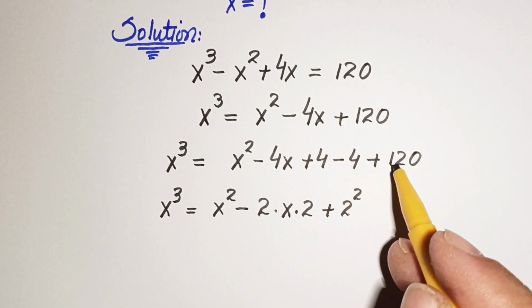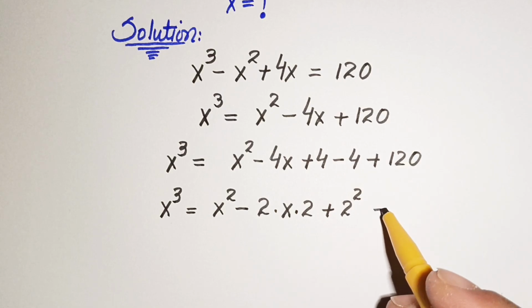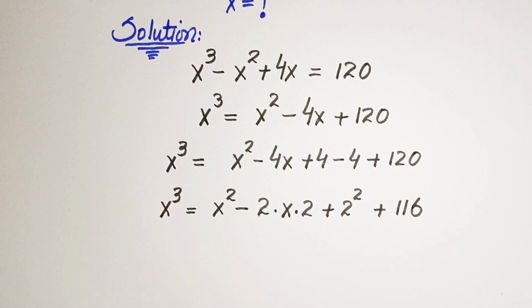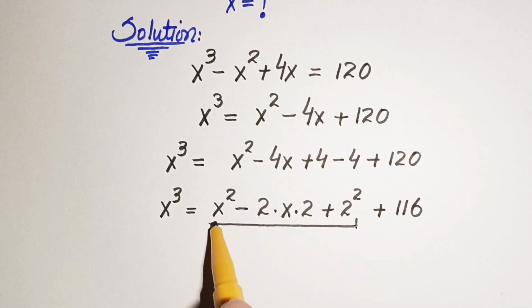So here minus 4 plus 120 is equal to plus 116. So now we see that it is actually our algebraic formula.